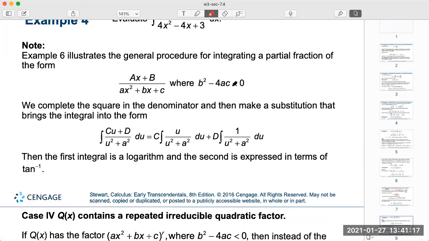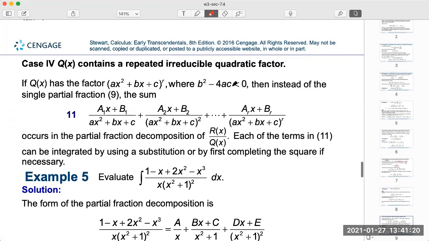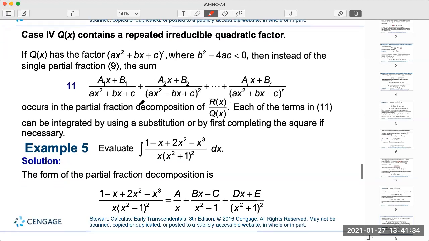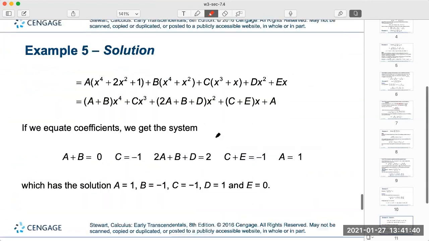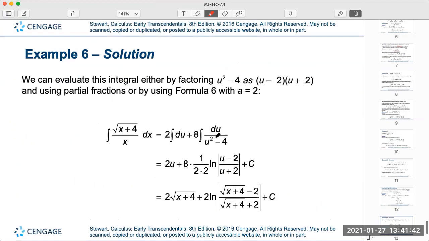Here are some more examples. The fourth case is when the irreducible quadratic factors are repeated, raised to the power of r. Then we know how to rewrite this fractional function. These are all the possibilities we have of these types.